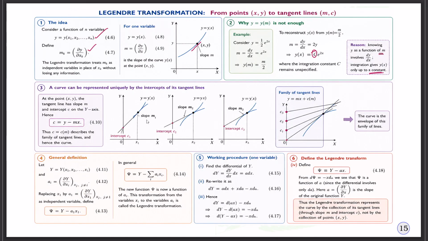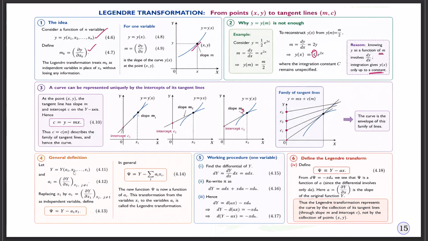For each slope m1, m2, m3 we get a tangent line and its intersection point. So the family of tangent lines y equal to mx plus c of m, with a different intersection point for each line. The curve is the envelope of this family of lines.